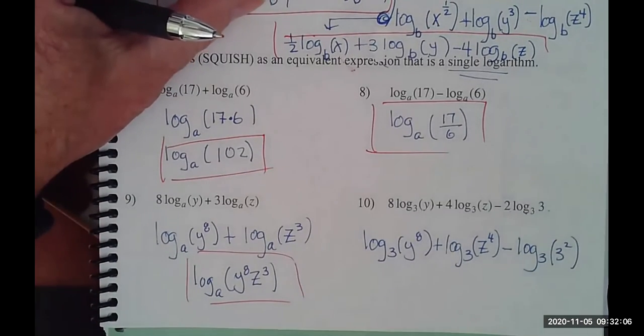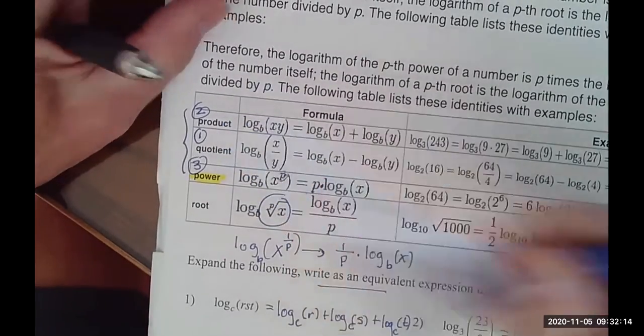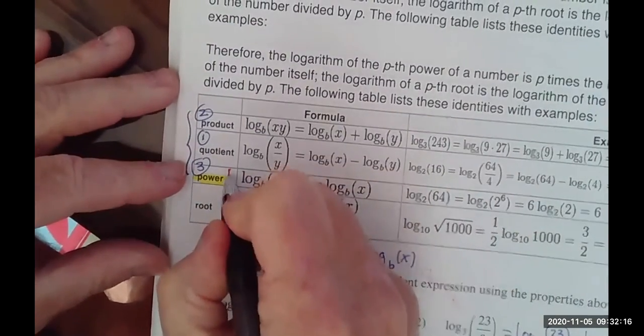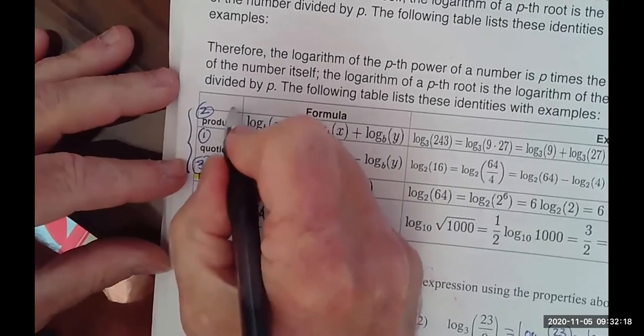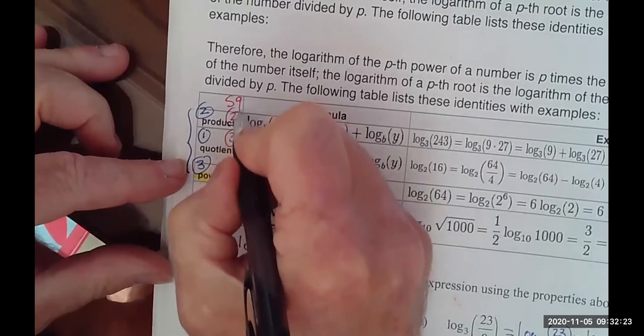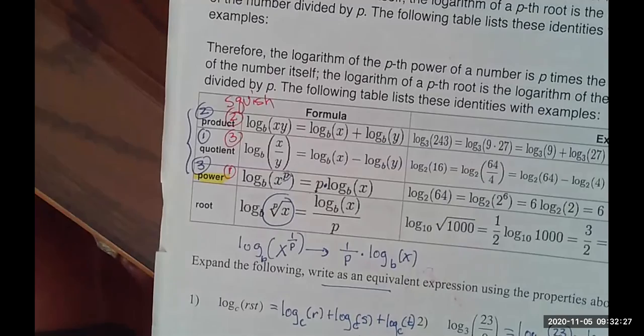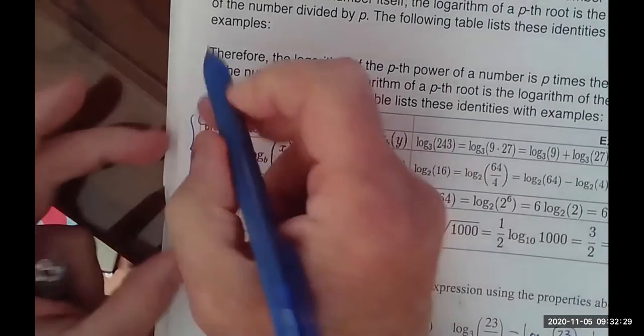Okay. Product second, quotient last. Remember, I'm reversing the ordering. Here, I'll do it in red. This one's first. This is still second, and this one is 3. If it's a squish, S-Q-U-I-S-H, this one here would be expand.